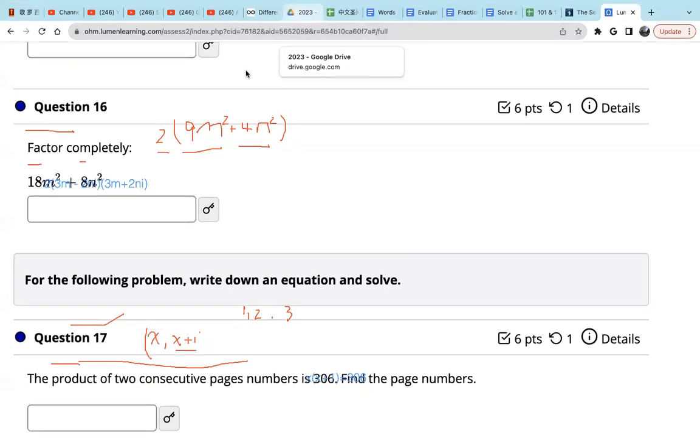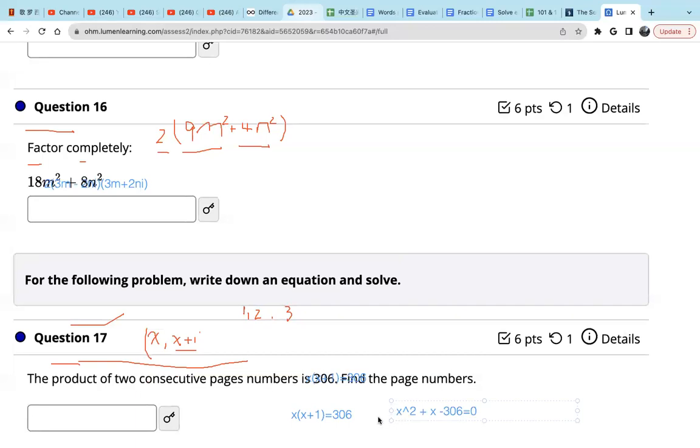Well, this is a quadratic equation, isn't it? Let me do that one more time: x times (x plus 1) equals 306. So we simplify this. We distribute to get x squared plus x, move 306 to the other side, become -306.